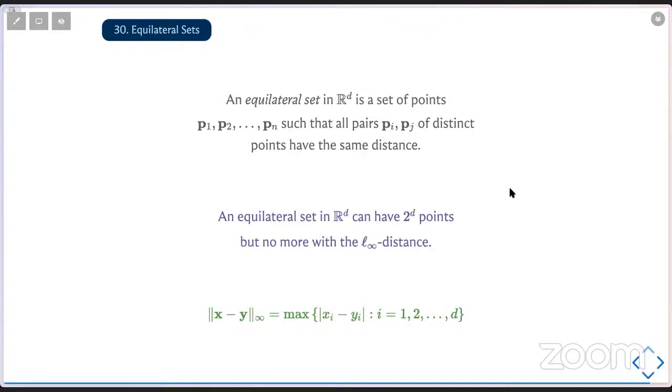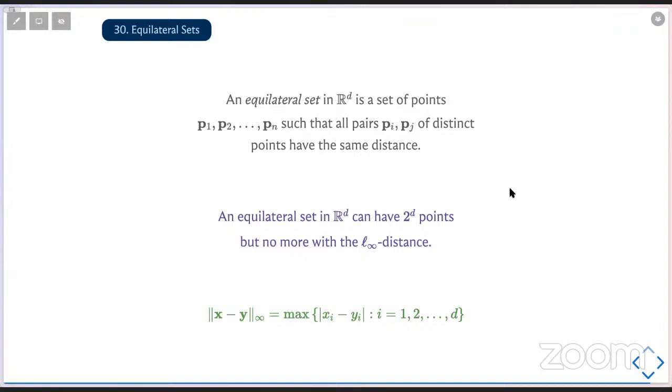I'll state without proof that with the L infinity distance you can have exponentially many points, as opposed to the linear bounds we've seen with the Euclidean distance. You can have as many as 2 to the d points in R^d which are, quote unquote, equilateral.